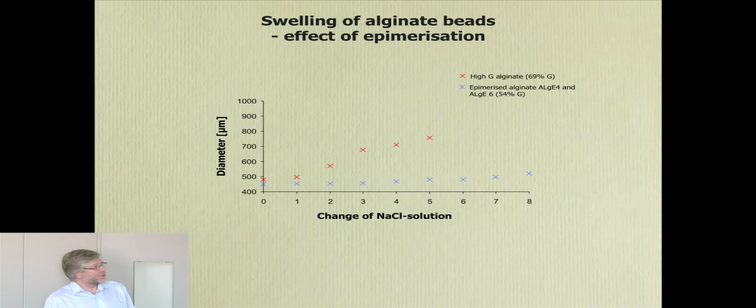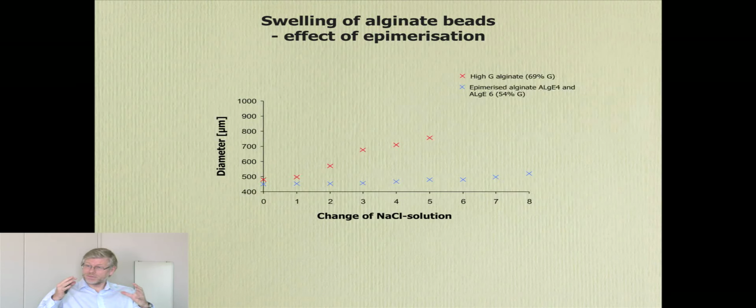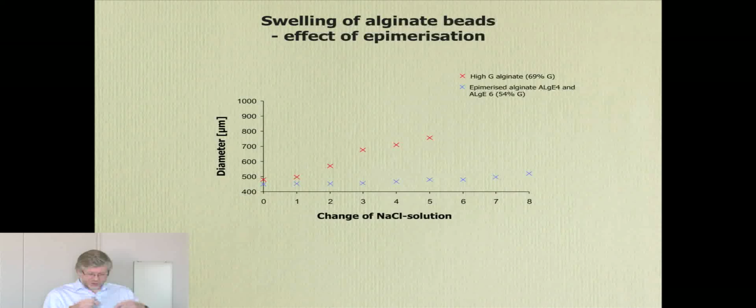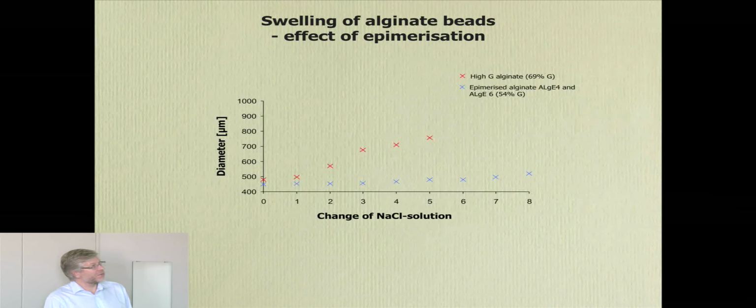And we transferred that to fresh sodium chloride up to 8 times and measured the diameter. And you can see that every time you move the bead to fresh sodium chloride, it gets a little bigger. So it swells. It loses calcium, attracts water, and if we go for a very long time, the capsule will dissolve and go away.